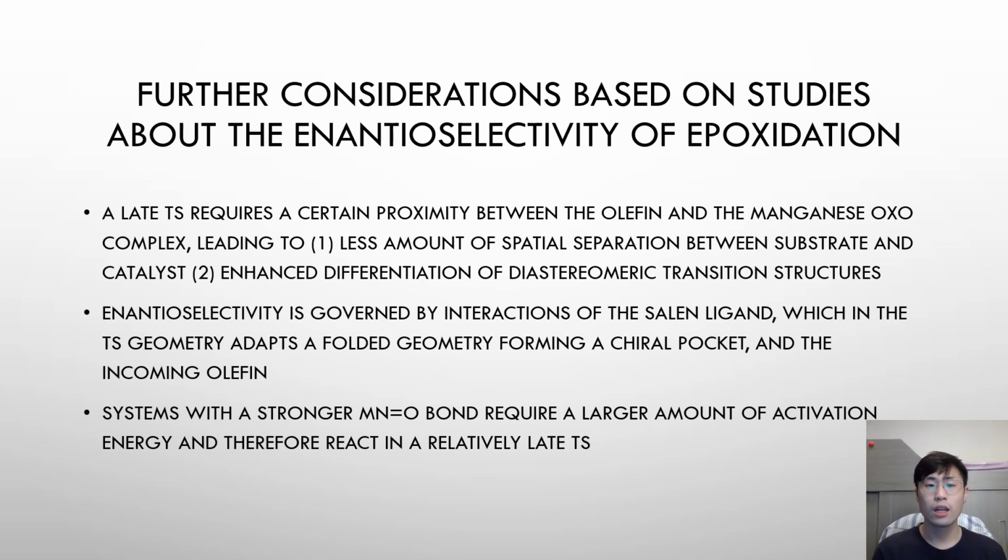In addition, enantiomer selectivity is governed by interactions of the salen ligand, which in the transition state geometry adopts a folded geometry, forming a chiral pocket for the incoming olefin. It is also suggested that because of the electronic influence of the 5,5 substituents, systems with a stronger Mn-O bond require a larger amount of activation energy and therefore react in a relatively late transition state.